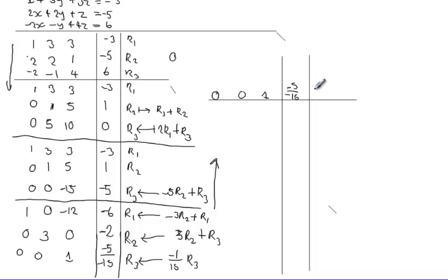Right, what I want, this is row 3. Of my row 2, I need a new row 2 here with a 1 in the center there. So what do I need to do? I need to multiply 1 by my previous row 2. Do you agree? I need a 1 here.